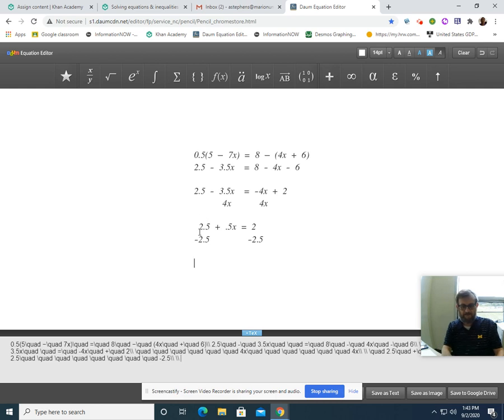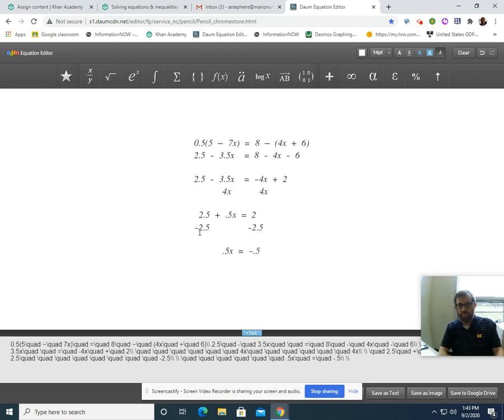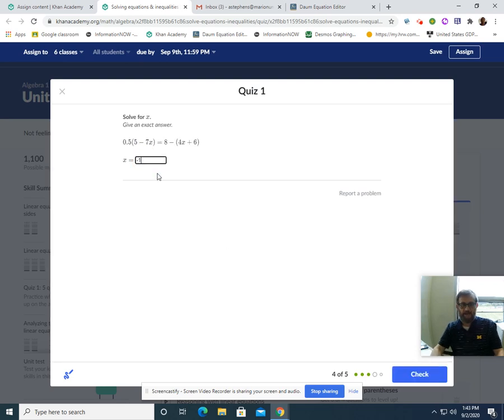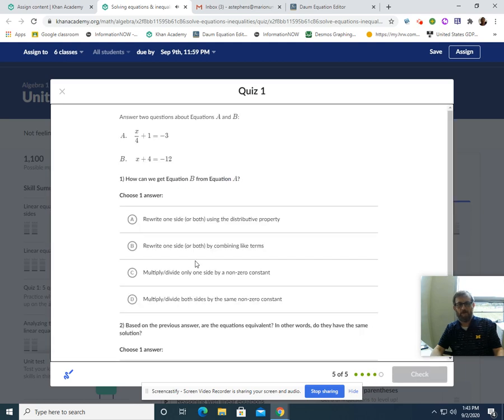Again, these add up to 0, so I'm left with 0.5x equals negative 0.5. And if you divide both sides by 0.5, you get x to be negative 1. So we'll go back here, we'll say, okay, that's got to be negative 1. Looky there, one more to go.